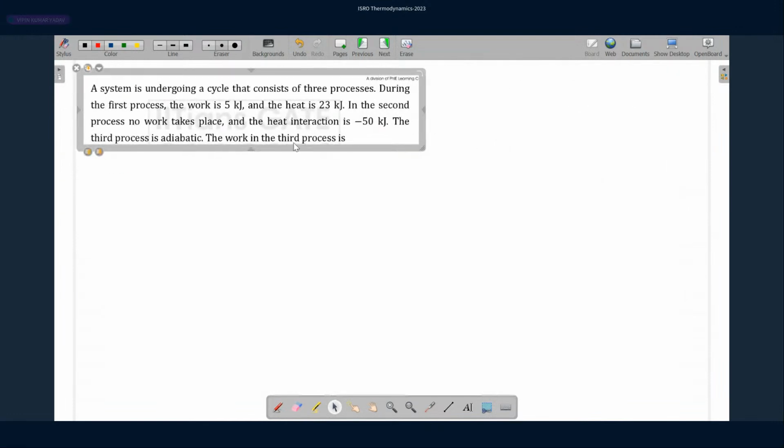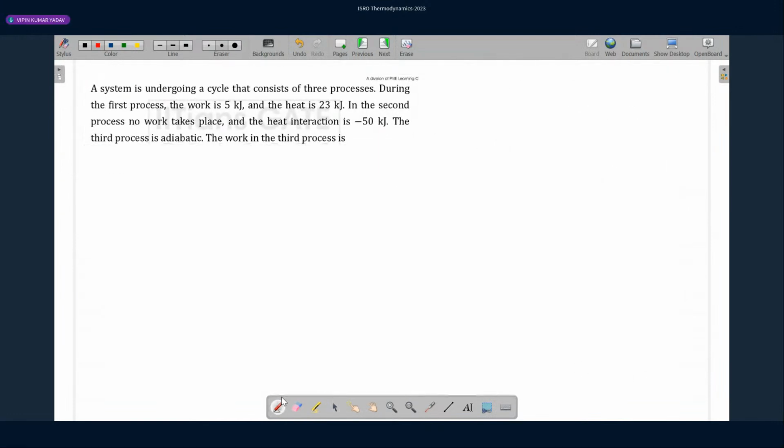Okay, so we have a cycle, right? Three processes are there. Any random three processes are given. So let us say first process, second process, and this is your third process. So we are going from 1 to 2, we are going from 2 to 3, and then 3 to 1.